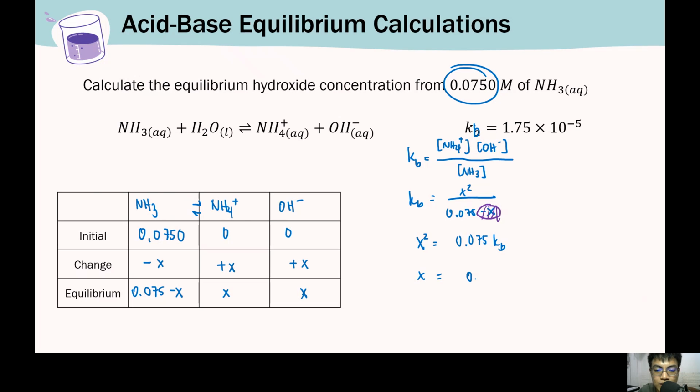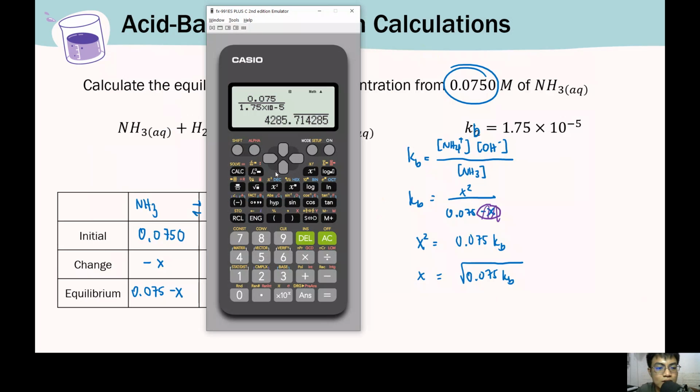So x is just 0.075 Kb. And then, calculate na lang. So that's the square root of 0.075 times your Kb, 1.75 times 10 raised to negative 5. Ang bilis, no? You don't need to do quadratic anymore.